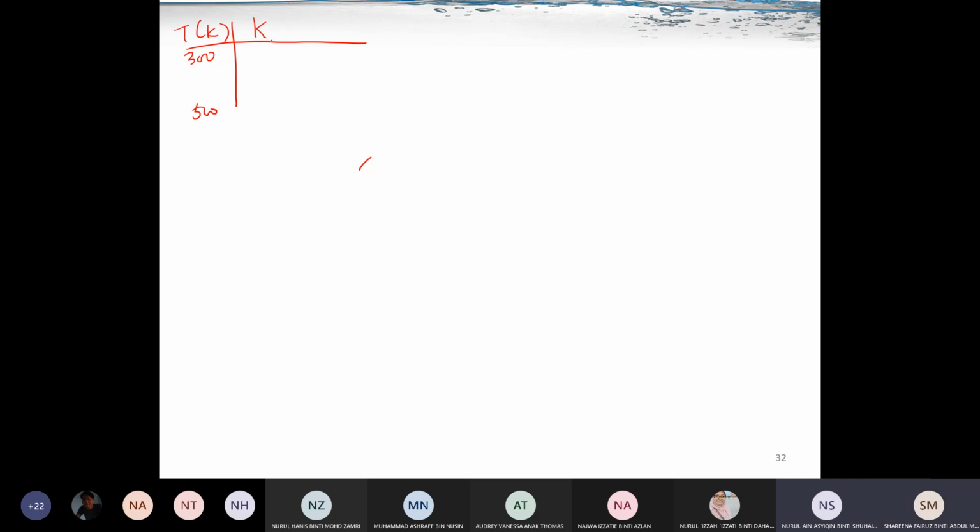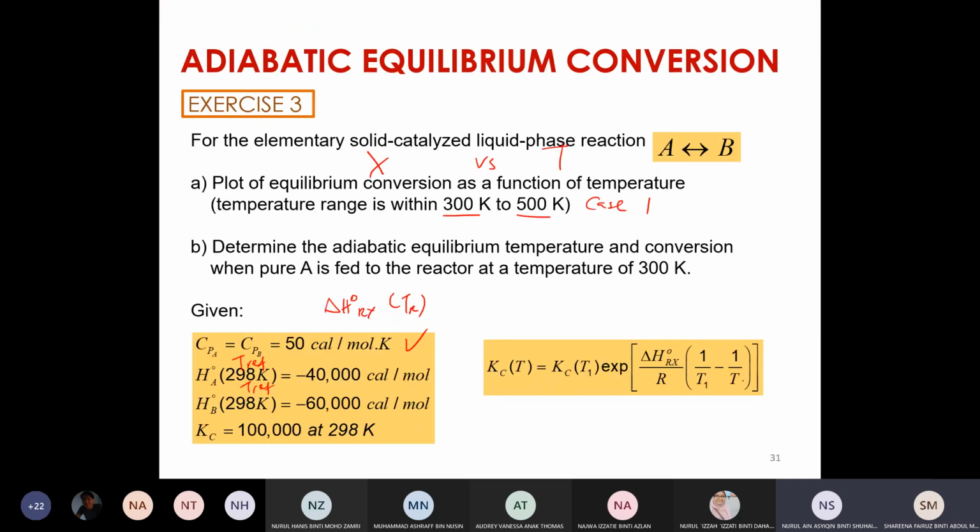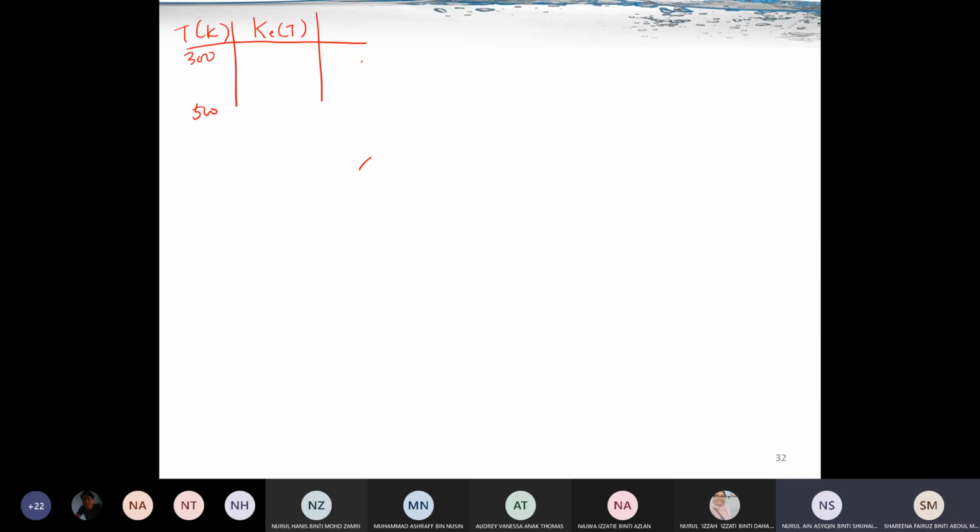Okay, ikutlah mana nak guna, tapi I letak KE lah sebab nanti nak derive rate law daripada equilibrium, so I letak sini KE. Alright, so KE ni akan berubah bila T berubah. Okay, and then KE dia akan berkaitan dengan XE. Sebab apa? That's why you kena buat algorithm dia dulu.